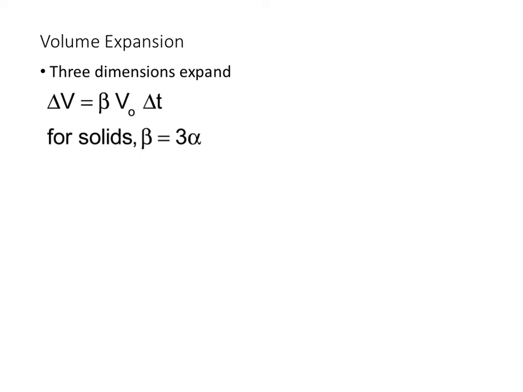And we can do the same thing for volume. So in a 3-dimensional expansion, where all 3 dimensions are non-negligible, then we can have volume expansion. And this is, again, a temperature change, capital letter T. Sorry for the typos.